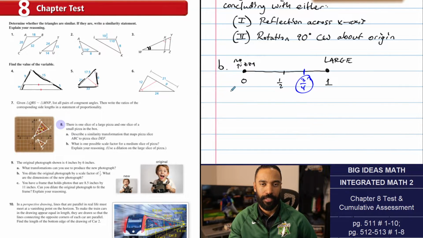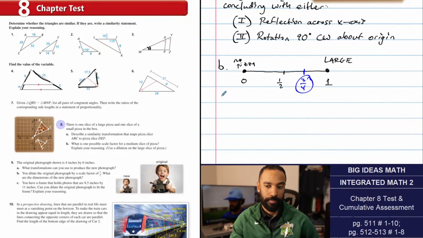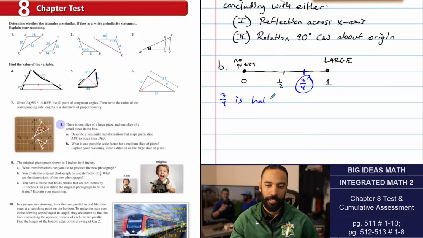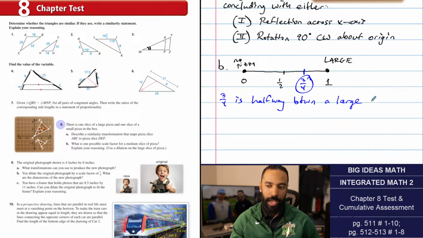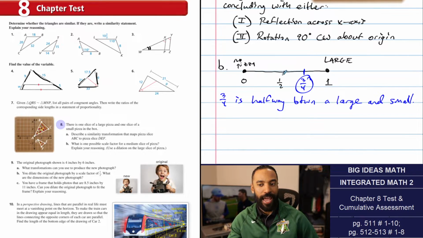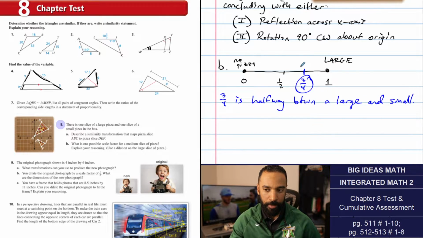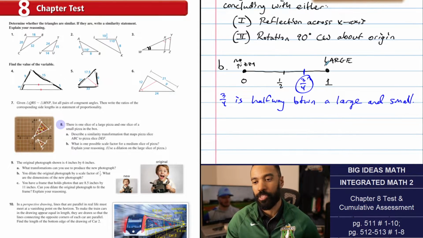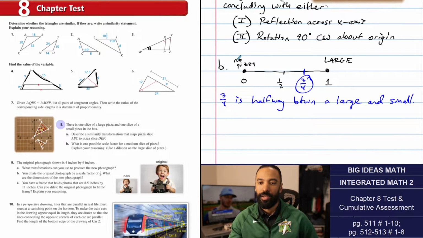Halfway between the large and the small. Anything between 1/2 and 1 could be an option. I don't think you would say 99/100ths, but 2/3 maybe. Okay, I think that one's good there.